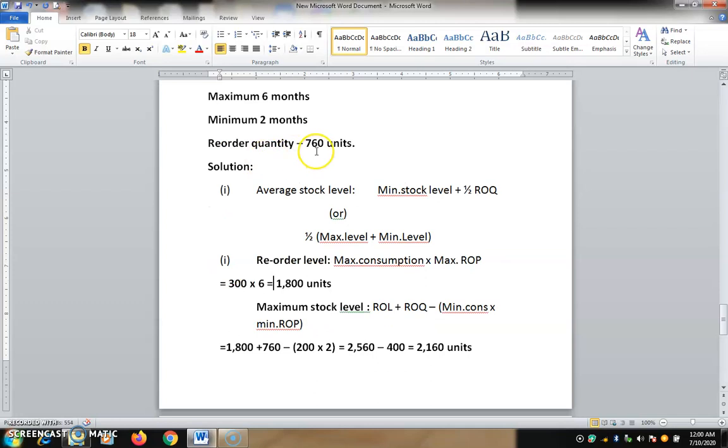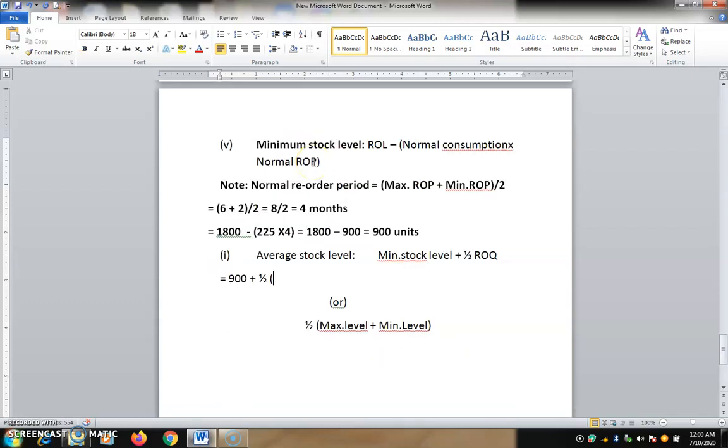In your problem it is given as 760 units. So 900 plus half of 760 is 380 units. So on the whole, the average stock level comes to 1280 units. This is with the help of one formula.